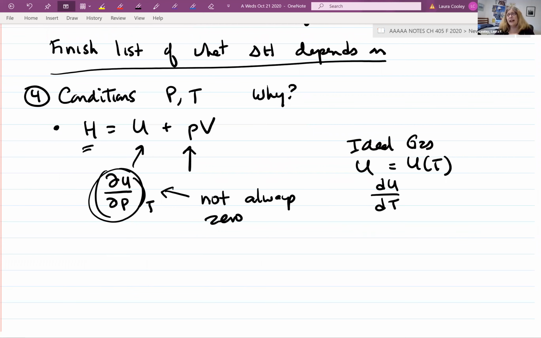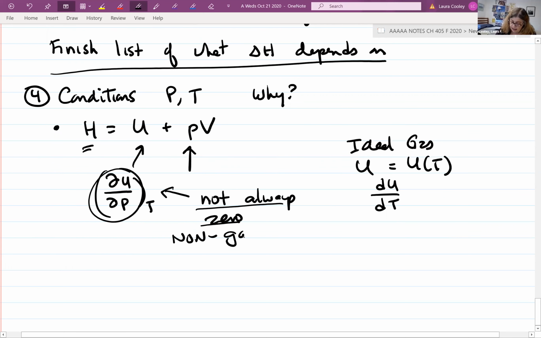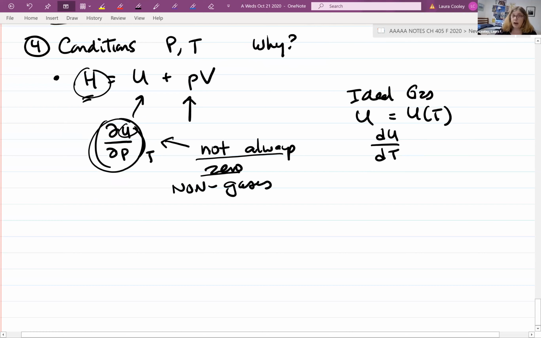But that's only for gases, okay? And this thing is not always 0, especially for non-gases. And so there is some kind of dependence of H on P because U depends on P. So you could see why it would be true that the enthalpy might depend on pressure. And it certainly does. Also, the enthalpy depends on temperature.